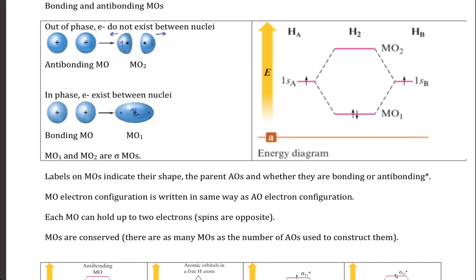It disfavors bond formation. Notice that we have the MO. That MO is just one MO. It's got the two parts to it. The main parts of that MO are on the outside of the nuclei. And that means that it's not favoring bond formation. It's not bringing those nuclei together.